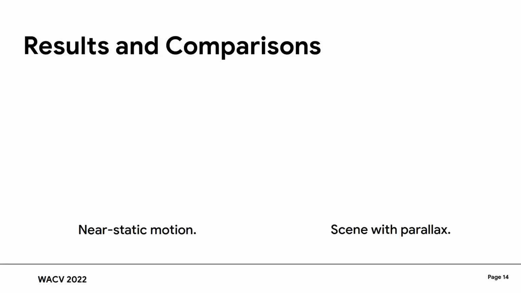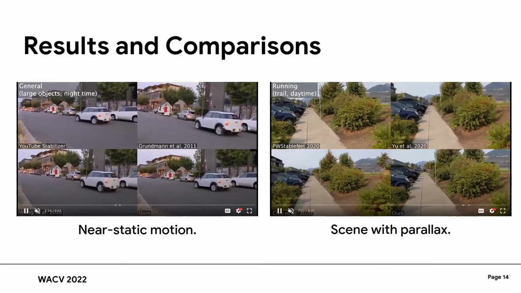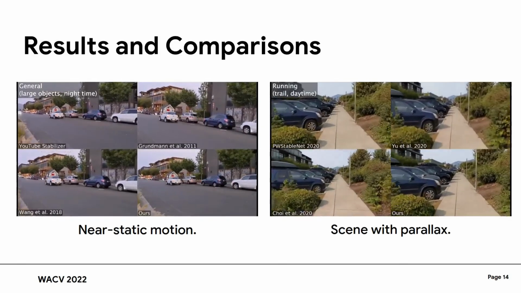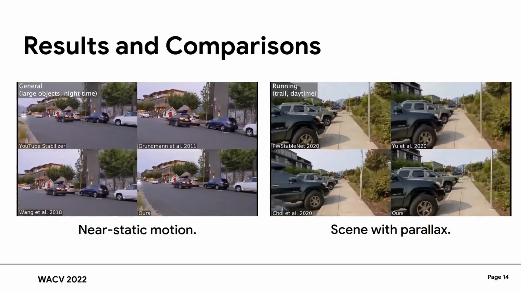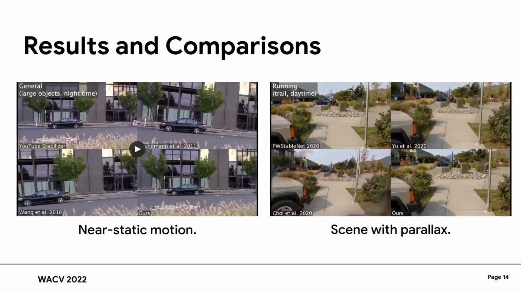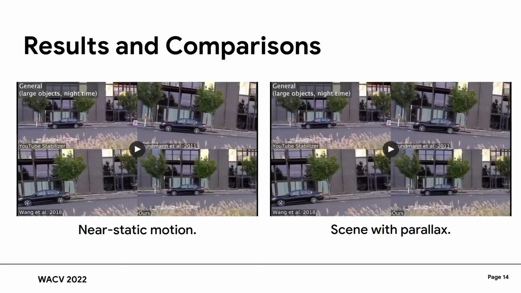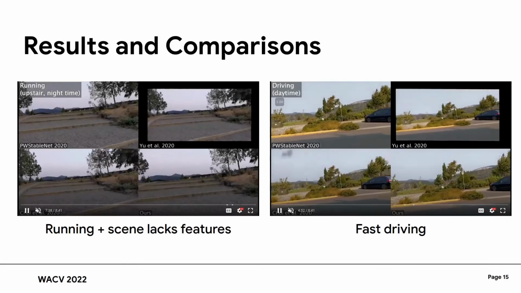For near-steady scenes, our results are more stable, as if the videos were captured on a tripod. Our method is also robust to scenes with parallax. For challenging motion, such as running and driving, our method is more robust and can generate more stable results.